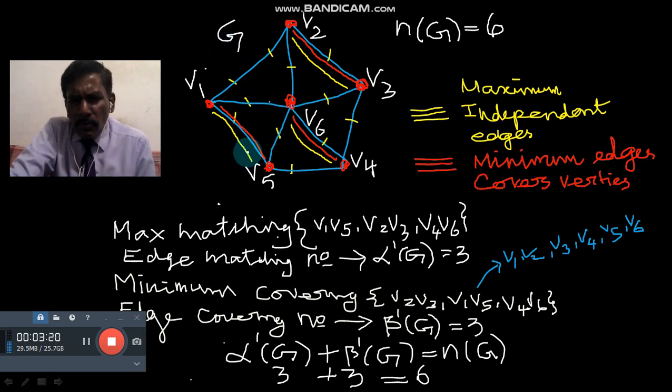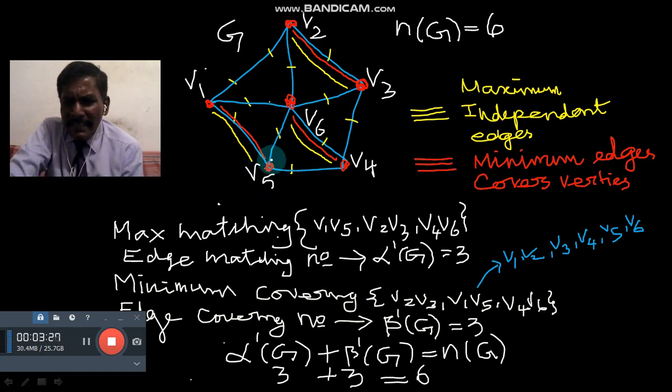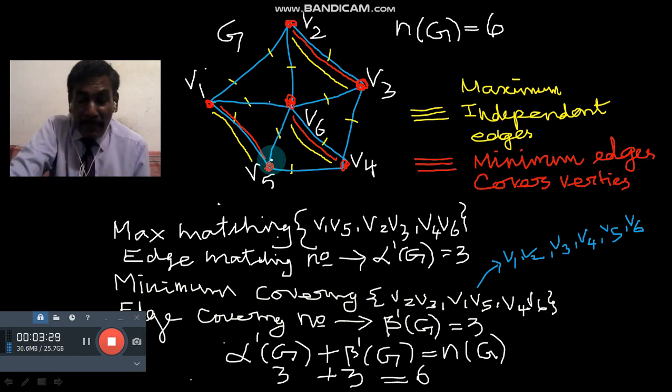Now our question is the maximum number of independent edges. That's what we are interested in here. So what is the maximum number of independent edges? The first one is v1 v5, the second one is v2 v3 and the third one is v4 v6.